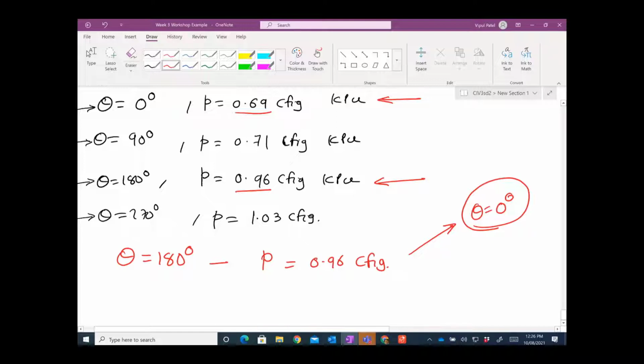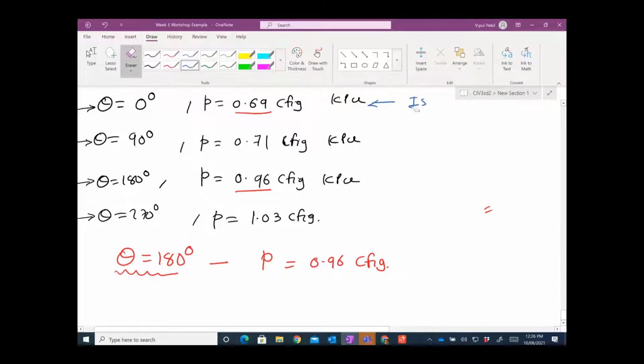If I design for theta equal to 180, the structure would be standing for theta equal to 0 direction as well. So for that case, I can say that theta equal to 0 is not required at this stage. If you want, you can do it.